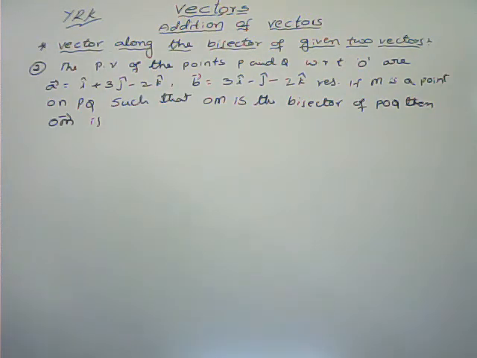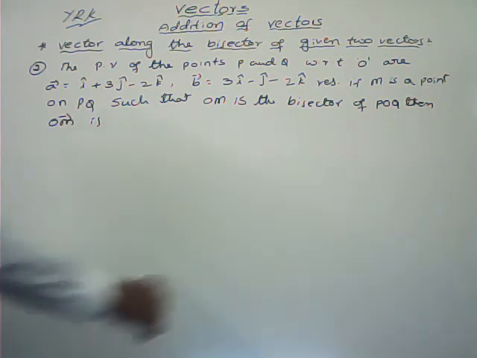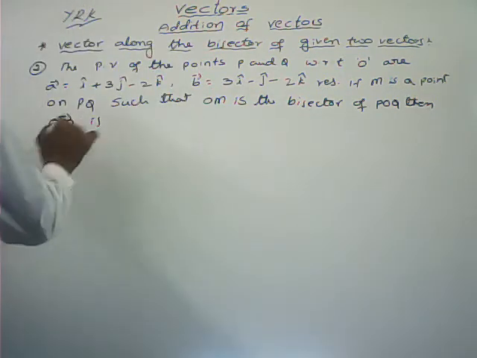Next, the position vectors of the points P and Q with respect to origin O are A bar is equal to this one, B bar is equal to that one, respectively. If M is a point on PQ such that OM is the bisector of angle POQ, then OM bar is?